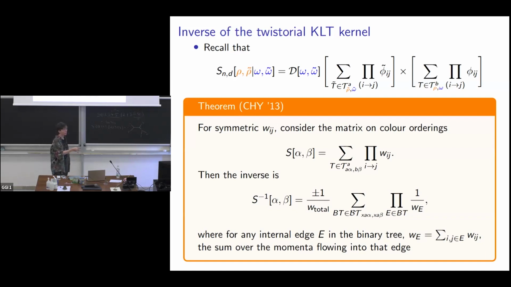So now we don't have to have Mandelstam variables anymore. This works for any symmetric weights Wij. So we don't need to use any properties of Mandelstam variables or momentum conservation. This just works. So we can use this theorem, that the inverse of this is equal to these binary trees, to invert each of these elements separately.